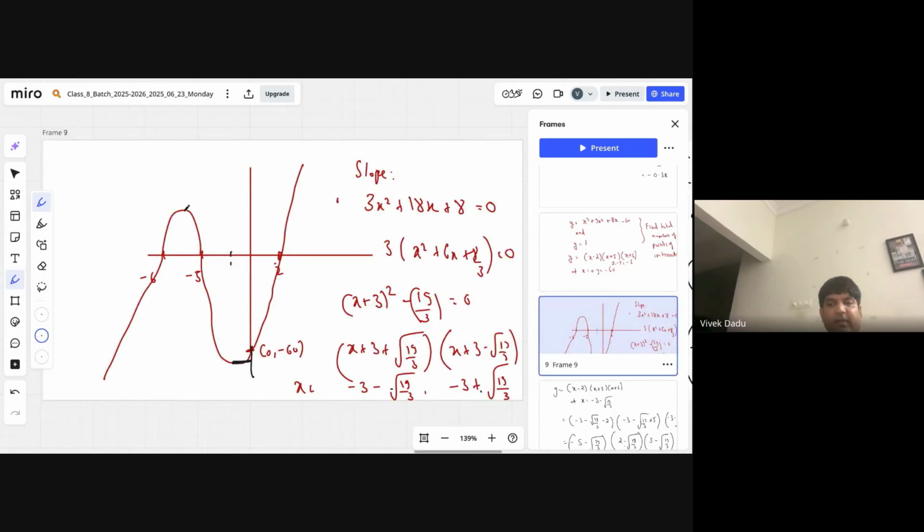It is minus 3 comma minus root 19 by 3 comma 1.88. Now you know that y equal to 1 will be below this. Why? Because this is 1.88. Y equal to 1 will. So how many points? 3. Kunal, you get it?